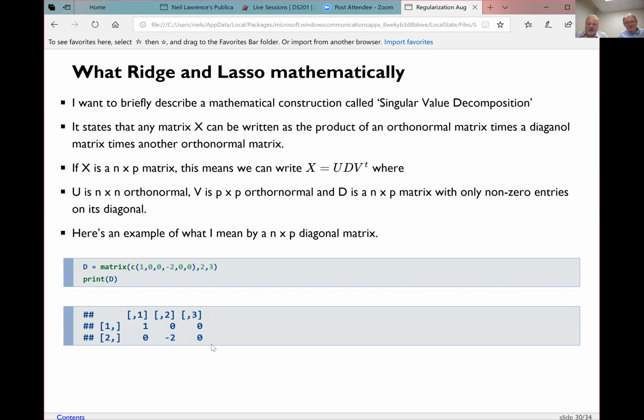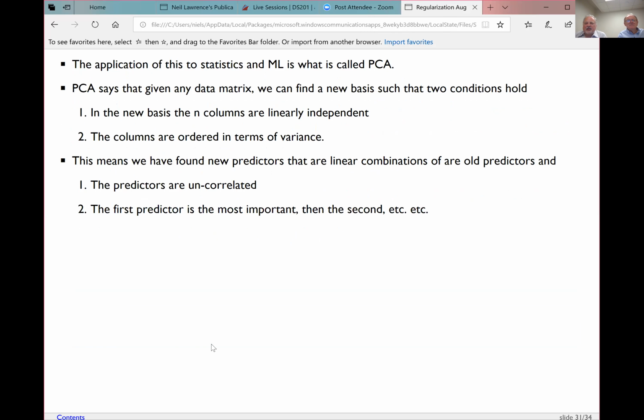Now, this is a nice piece of mathematics. And when you apply this to the correlation matrix, you get what's called principal component analysis. So without doing the mathematics, if you apply the singular value decomposition to a correlation matrix, it says that whatever your P predictors were, you can rewrite them in a different basis. So you take linear combinations of them so that you get a new set of P predictors that are uncorrelated with each other.